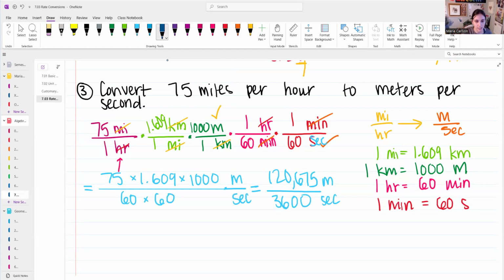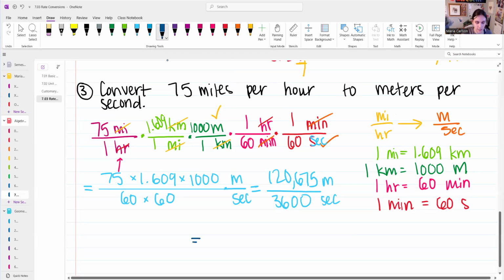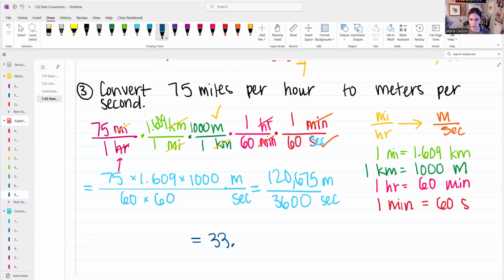And when we do that, we get that it is 33 point, oh, I didn't write down the final answer. 120,675 divided by 3,600. We get 33.52083... which then we would need to probably round.